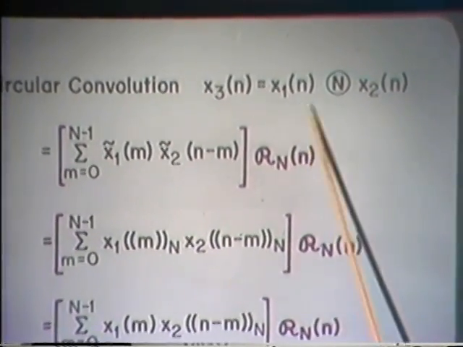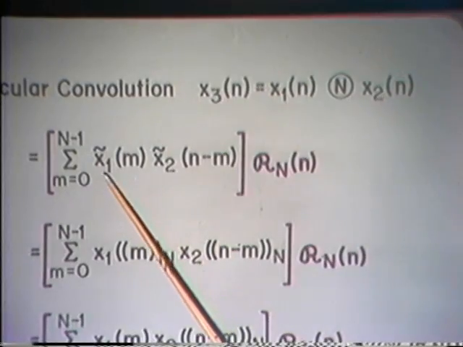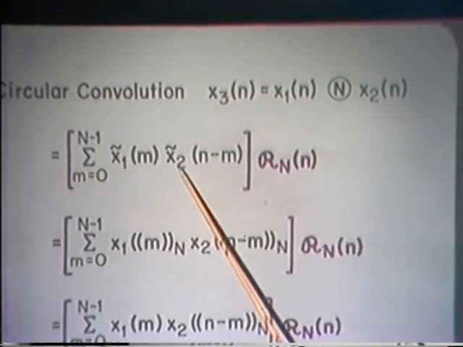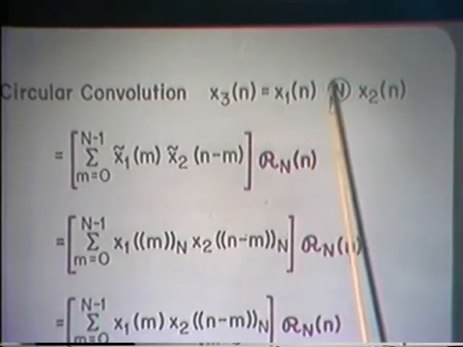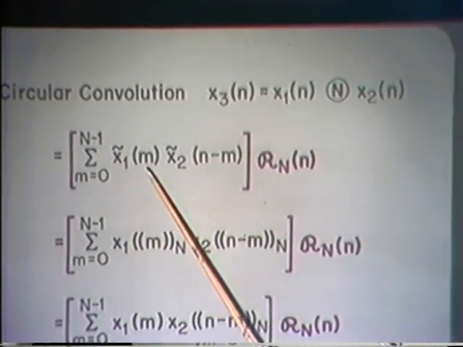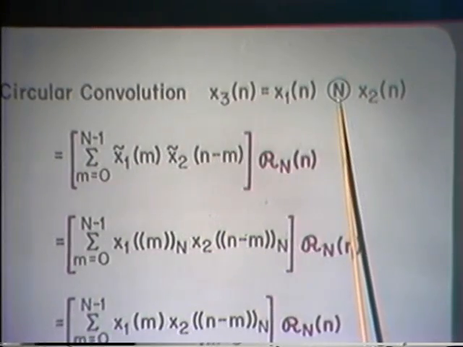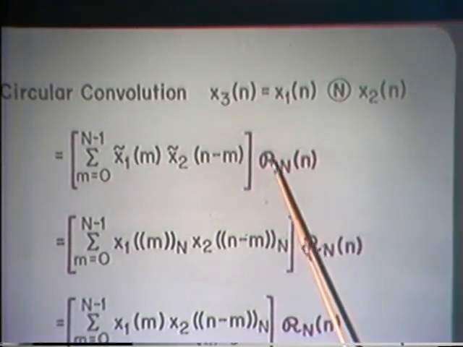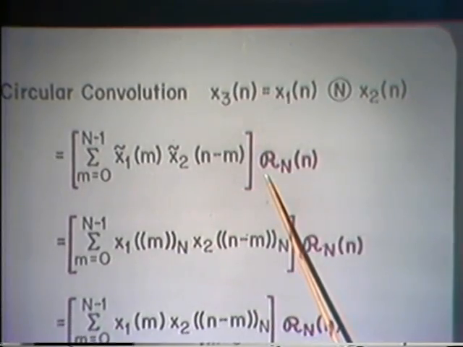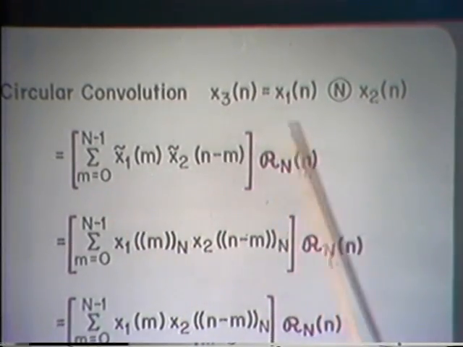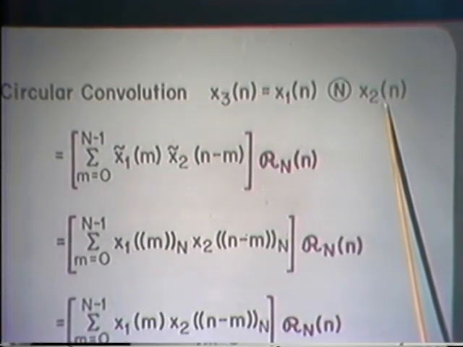What that basically corresponded to was a periodic convolution of two periodic sequences, which are generated from these finite length sequences by periodically repeating them with a period of capital N, and then finally extracting one period from that, the result being the circular convolution of x1 of n with x2 of n.